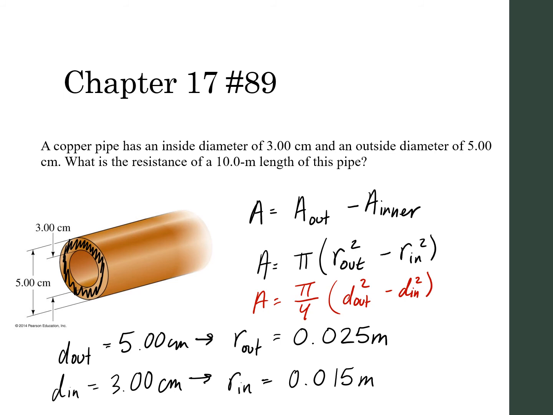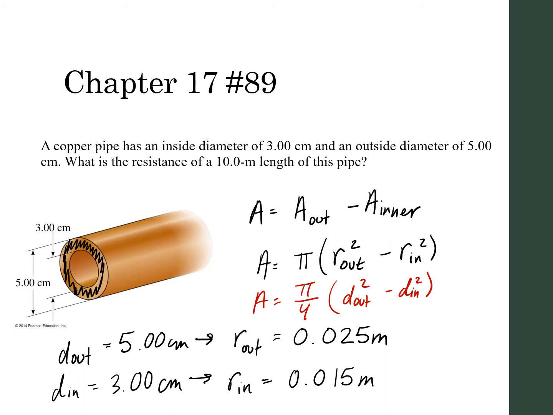Or I'll forget the 4 that needs to come because diameter is twice that of the radius. So if you would rather use the diameters, you're welcome to do that. It's 100% up to you. But again, I prefer to use radius values because I will mess up one or multiple of my things.